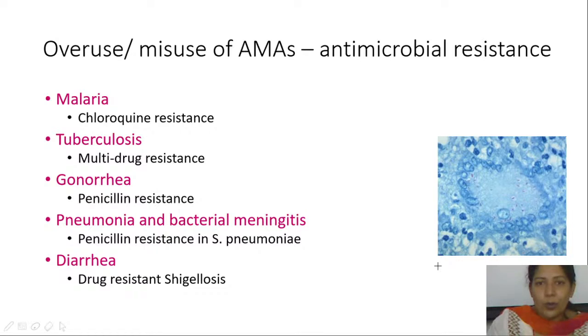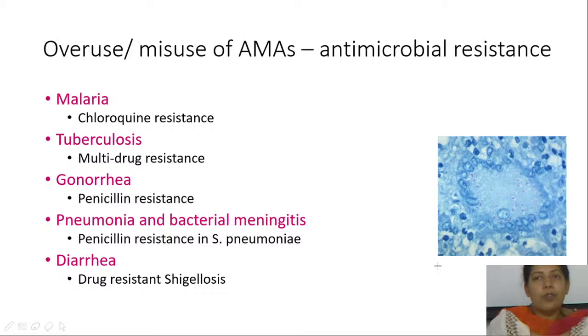Even a single dose of chloroquine would lead to disappearance of parasite from the blood, and symptoms would subside, and that's precisely the reason why chloroquine resistance developed. The blood would clear, but the parasite would still be there, and eventually there would be selection of the resistant parasite, leading to a condition now that malaria has widespread resistance to chloroquine. Chloroquine is no longer effective for especially falciparum malaria.